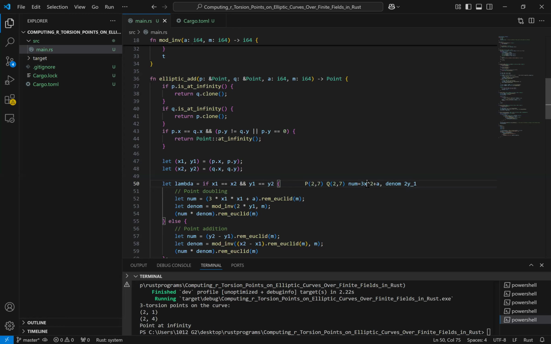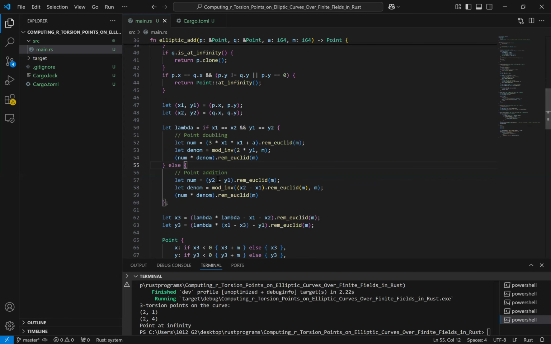Then over some denominator. Then that denominator, you will find the inverse of it and multiply by the numerator. Now, that is the first condition. If x1 and x2 are equal and y1 and y2 are equal, that is the same point, so you double. But if that is not the case, then you go into else.